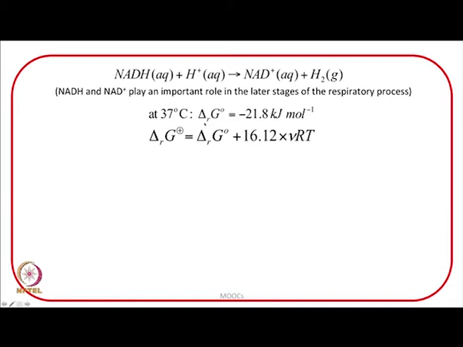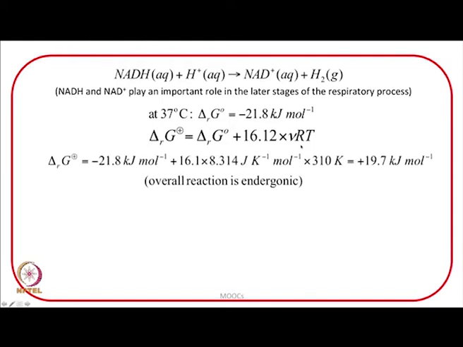We know the value of delta R G naught and we know how many protons are involved. It is one only. You substitute the value of R and T as seen in the next step, and overall value is plus 19.7 kilojoules per mole. You see, the biological standard reaction Gibbs energy is overall positive. Overall positive means the reaction is endergonic. Endergonic reactions are not spontaneous.